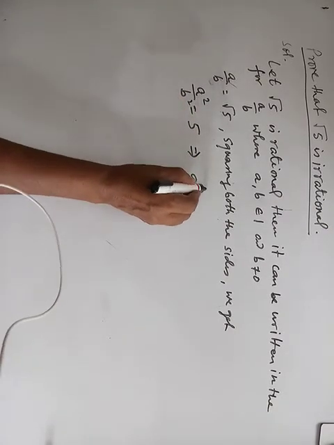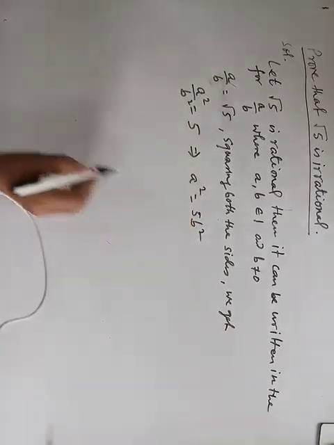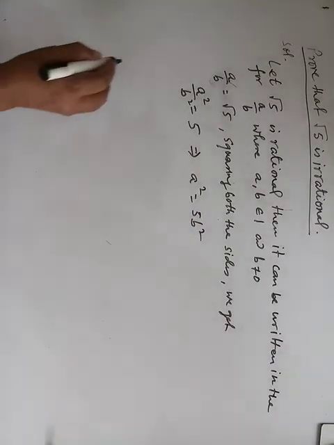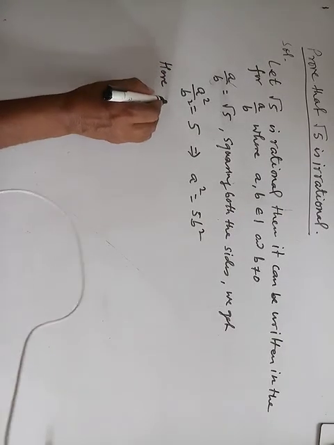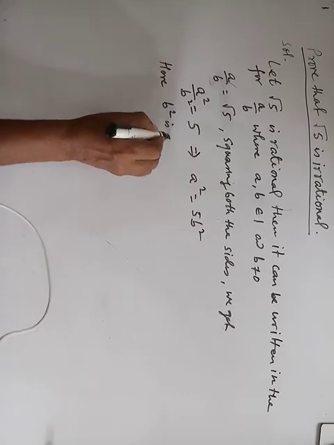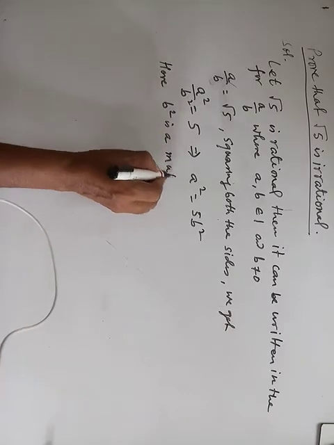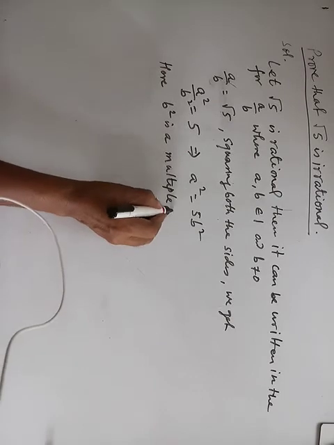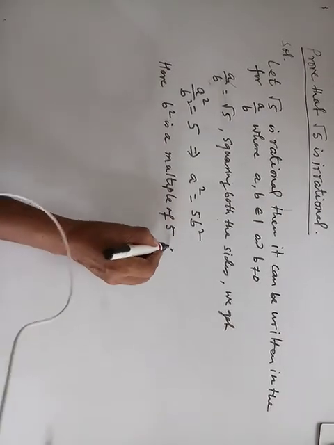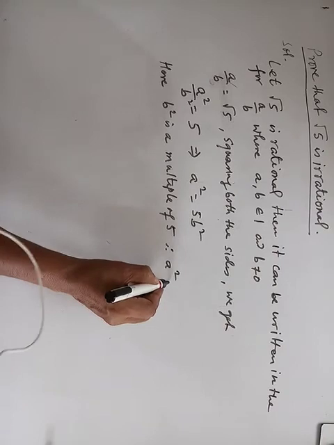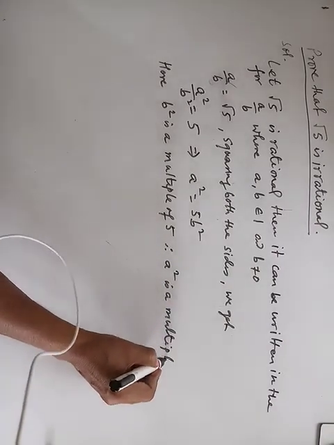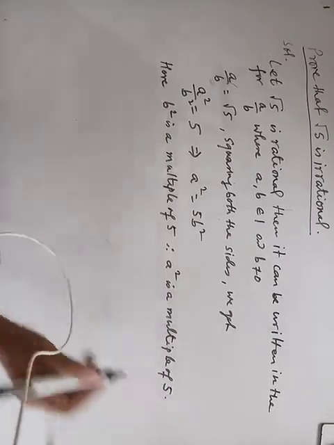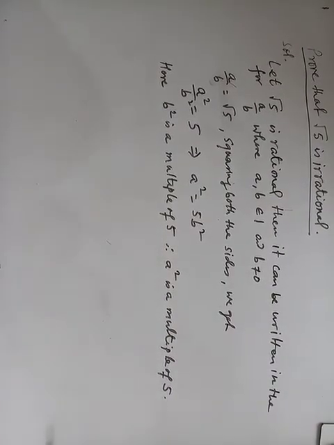That implies a square is equal to 5 b square. Now here b square is a multiple of 5. Therefore a square is a multiple of 5, so a is a multiple of 5.